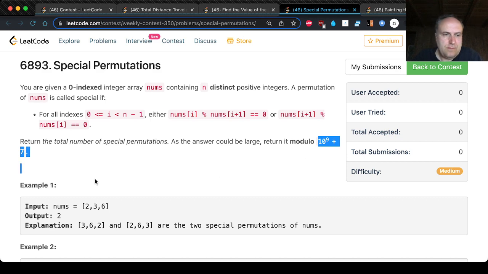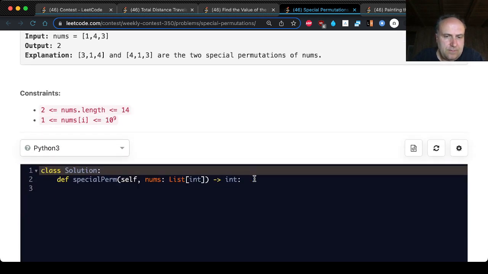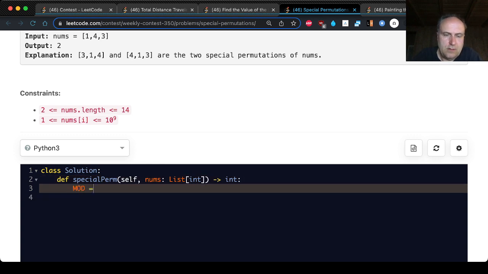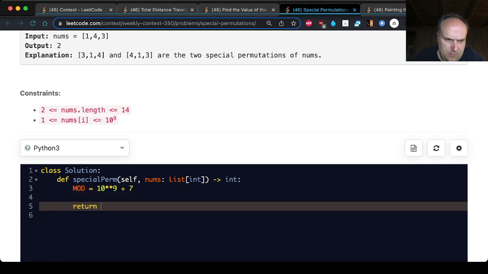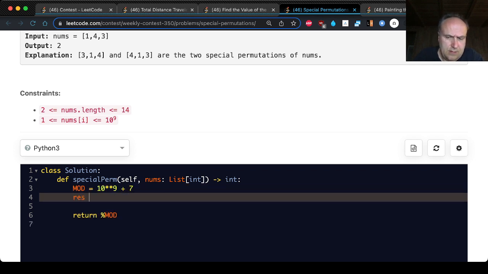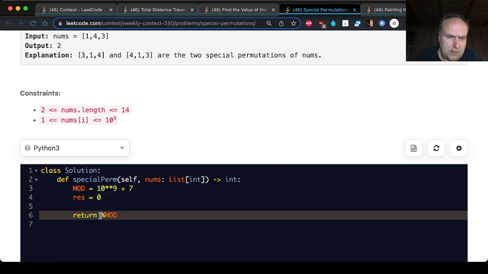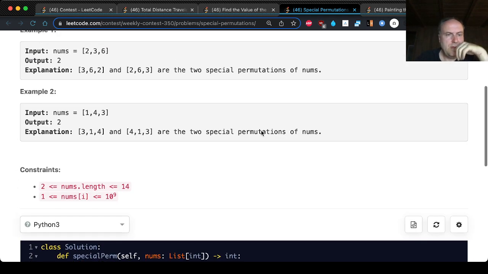Okay, so let's do mod. Let's do this. Okay, so return mod. So we have result 0, and it's going to be res. Okay, so what else?